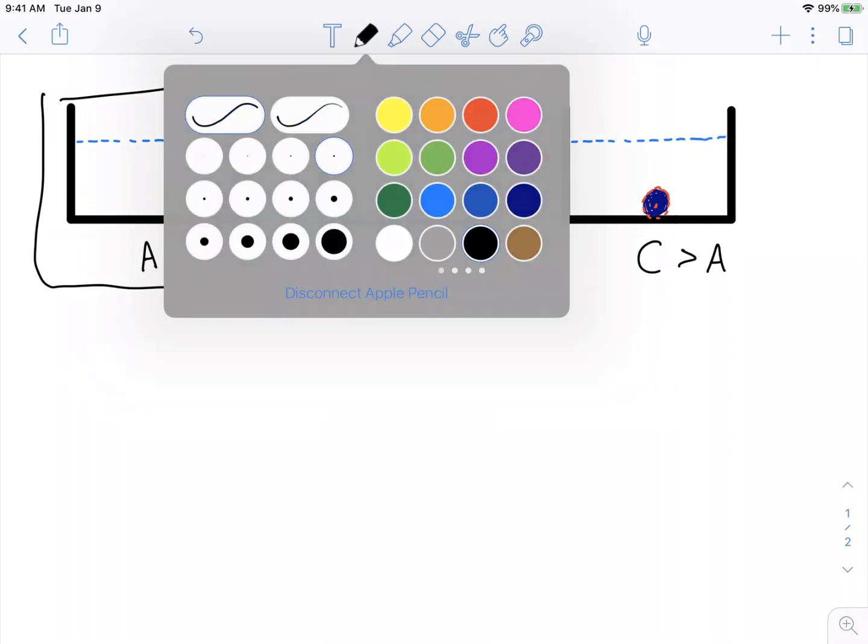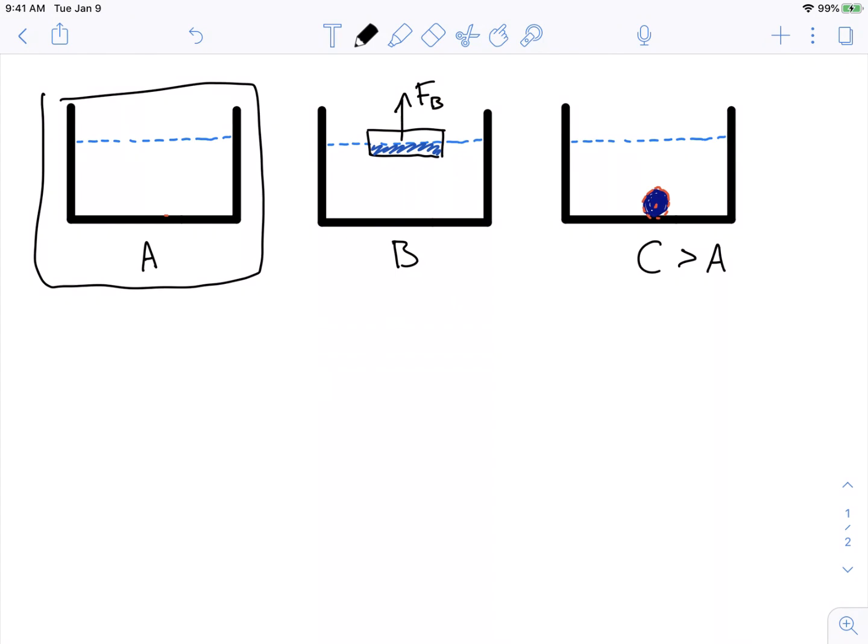Well, the trick is to realize that F_B must be equal to mg, the weight of this block, right? So what does that mean when we look at it? Let's look at this balance. So we have F_B, which is equal to rho water times g times the volume displaced, which is equal to the mass of the object times g.